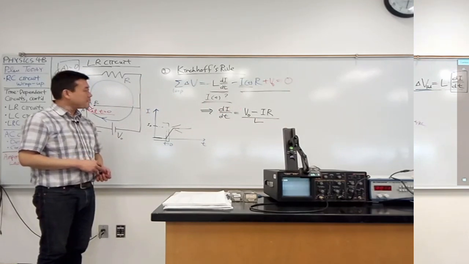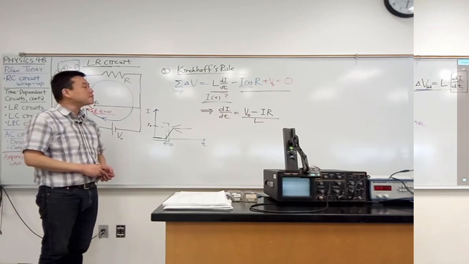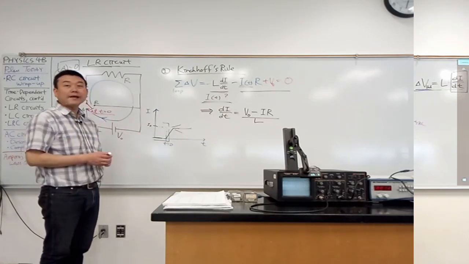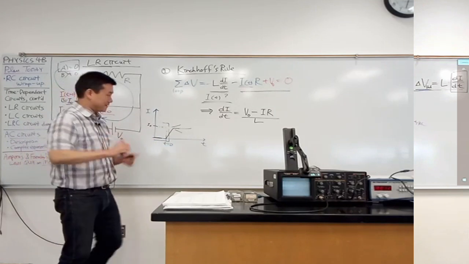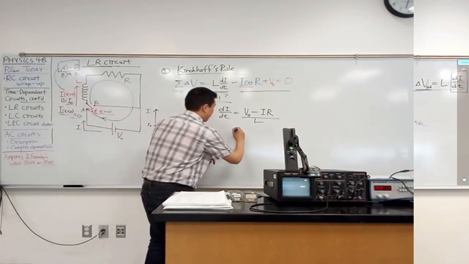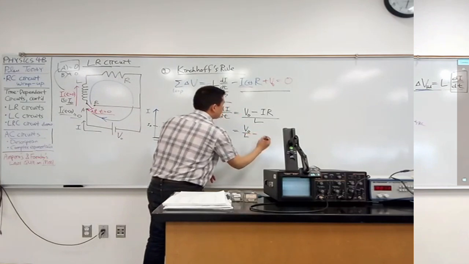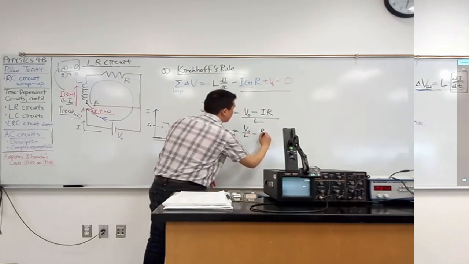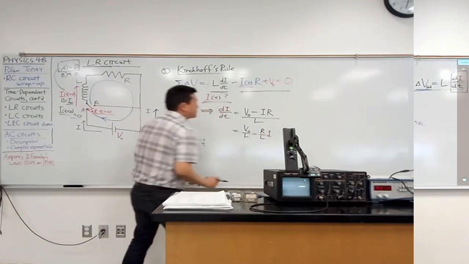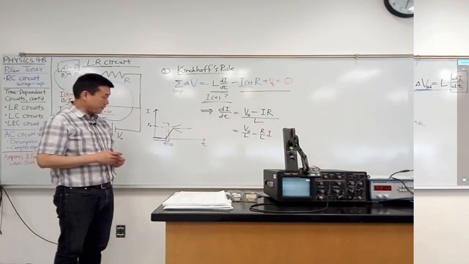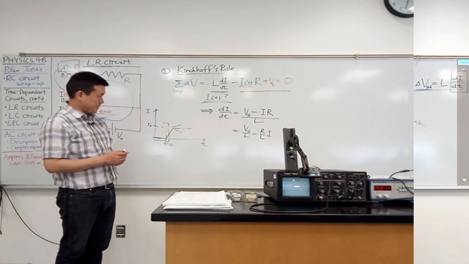Yes? Let me do a simple algebraic manipulation before I do the separation of variables. I want to collect terms in a way that will make sense later on. So I want to collect terms this way: V naught over L minus R over L times I. And for a reason of my own, I'm going to rewrite this.